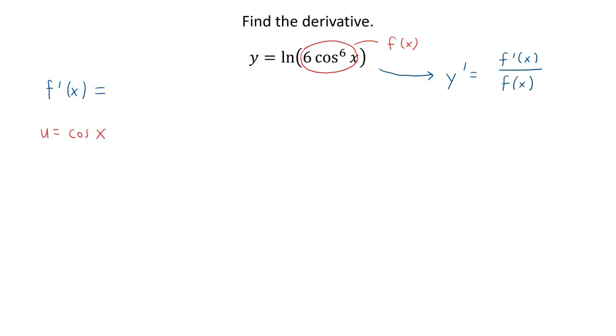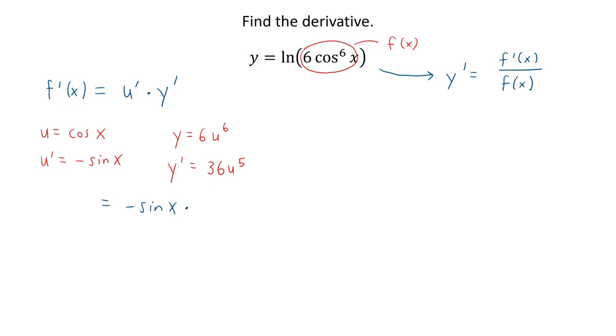Let's let u equal cosine of x, and that means u prime is equal to negative sine x. If u is cosine x, that means y is 6u to the 6th, and y prime is 36u to the 5th. And using the chain rule, the derivative of f of x is equal to u prime times y prime.